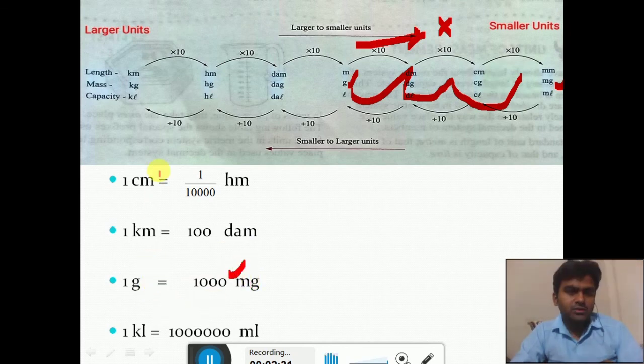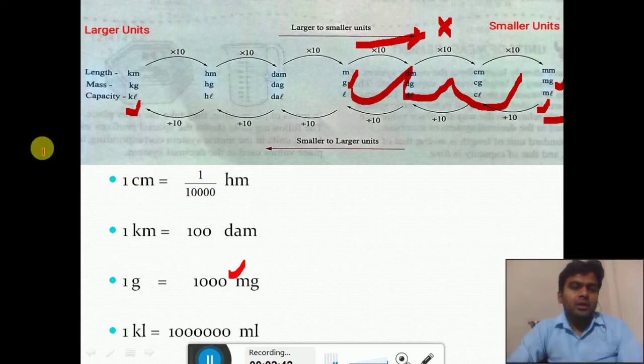Like this, to change a kiloliter into milliliter. Kiloliter is at the beginning and milliliter at the last. So what do you have to think? You are moving from a larger to a smaller unit. So from larger to smaller unit you have to multiply.